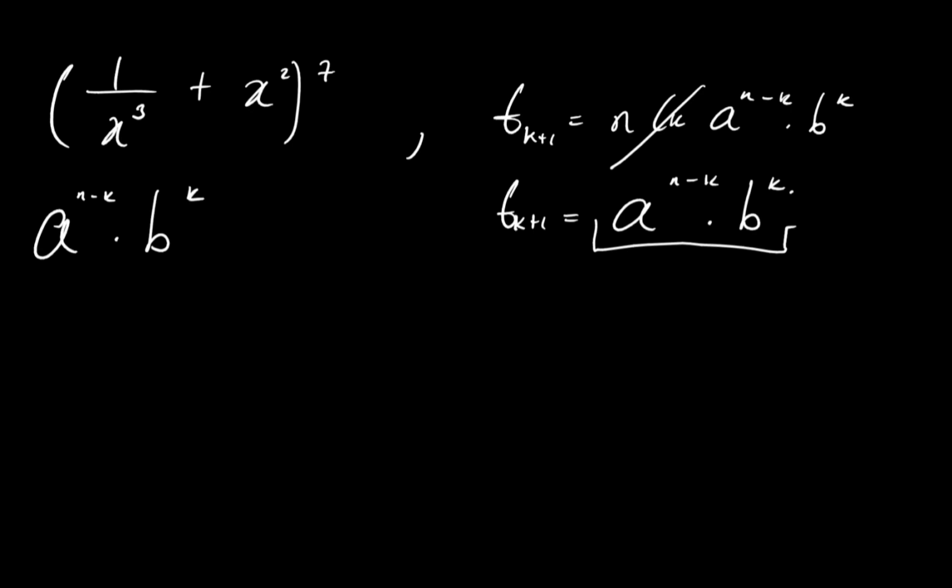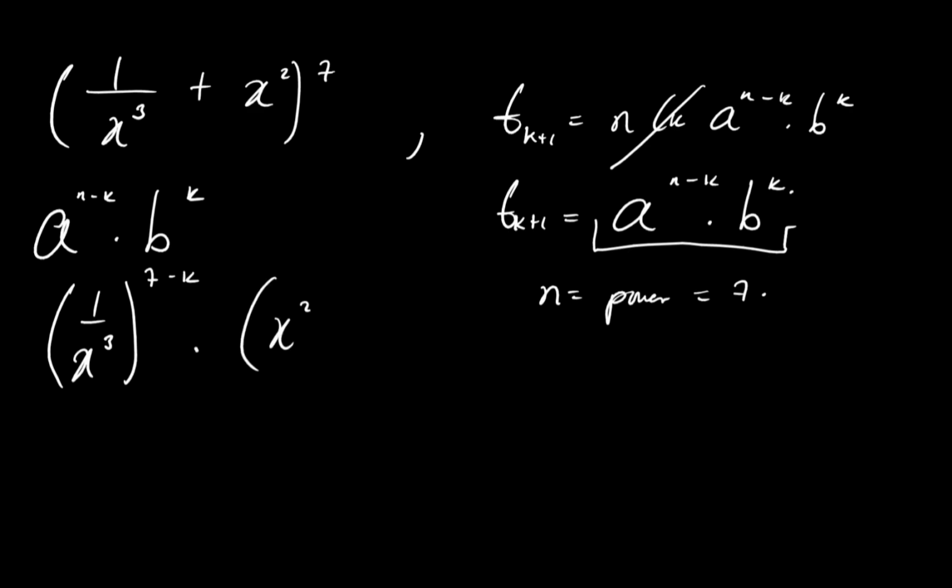Let us look for a to the n minus k times b to the k. Since we have a as 1 over x to the power 3, and n is equal to the power, which here is 7, we have 1 over x to the power 3, then 7 minus k, times the value of b, which is x squared to the power k. So we can distribute this power. Remember, whenever you have a over b to the power n, it will always be a to the n over b to the n.